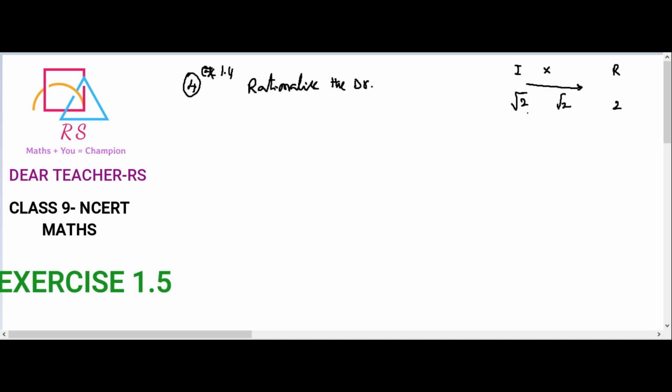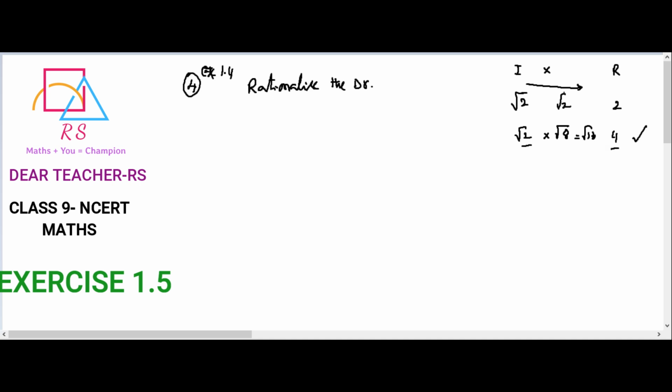So now root 2 into root 2. It's not only root 2, root 2 into root 8 also. Root 2 into root 8 is equal to root 16, and it is 4. Now you can make this root 2 into 4 by multiplying by root 8. And this is also called rationalization because we are making an irrational number into a rational number.